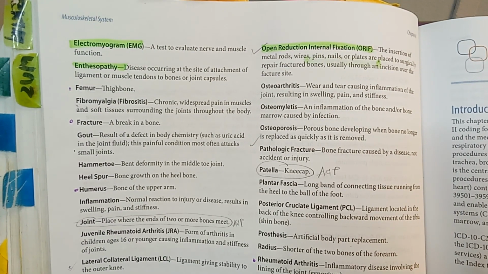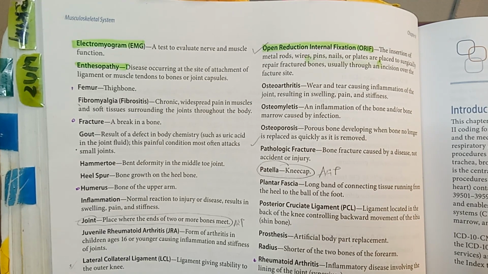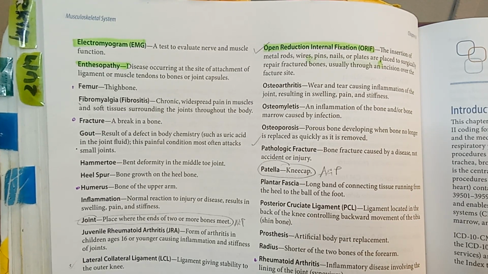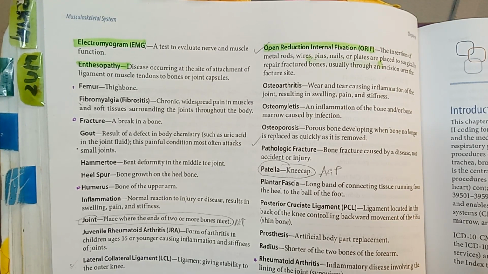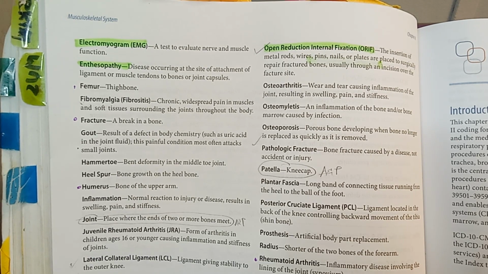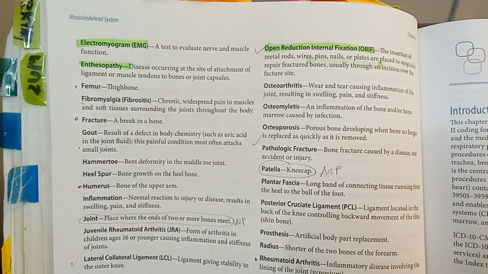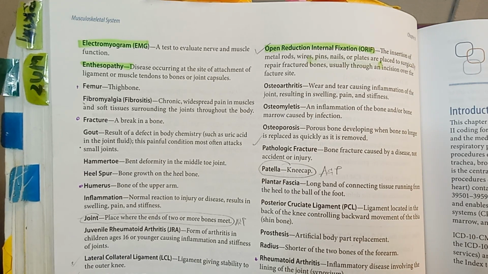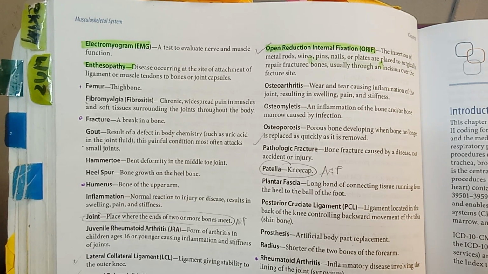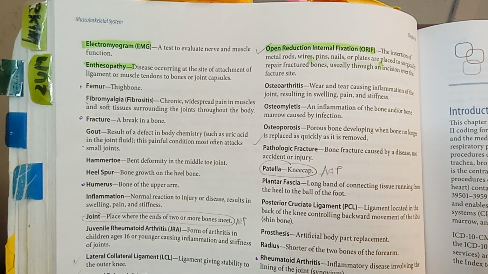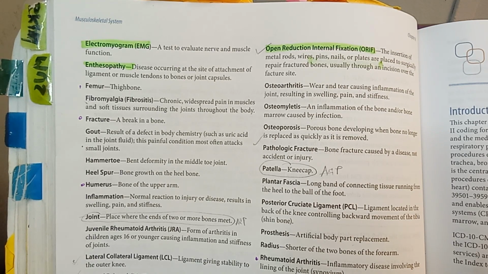The ORIF. A lot of the questions in musculoskeletal speak on ORIF, where they make an excision, they open up the area, and then they basically do what they have to do. They put in rods, they put in wires, all of that. So when you're reading the scenario, focus on whether it's open, closed, or percutaneous.